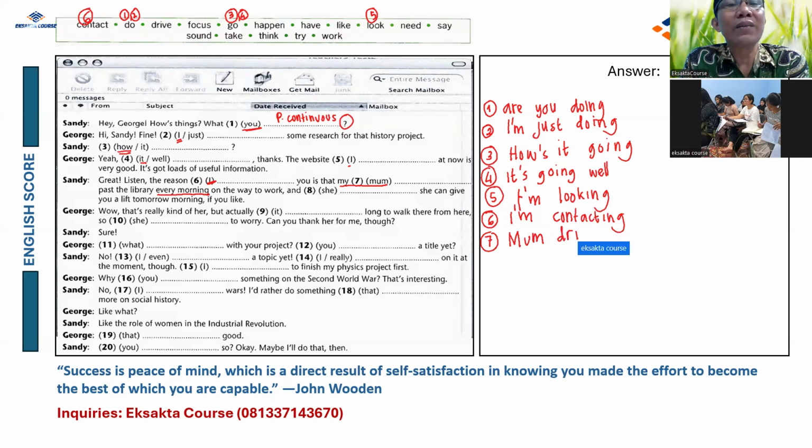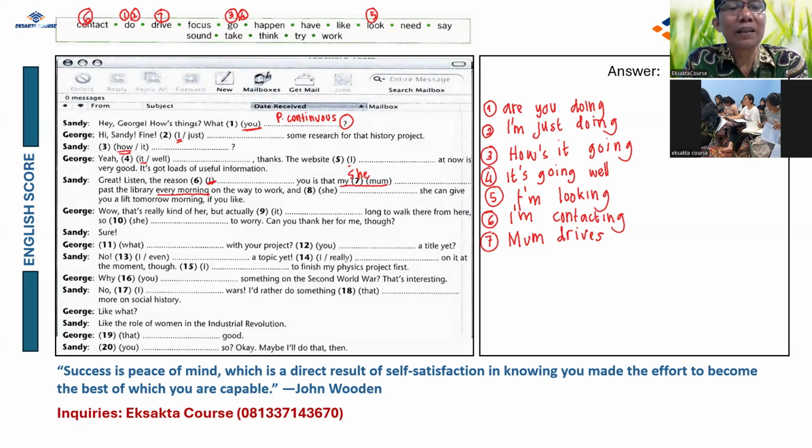We take drive in the box above. Okay, we take the word, yes. And then use drives. Use s because my mom is C for the subject. So use s or es.